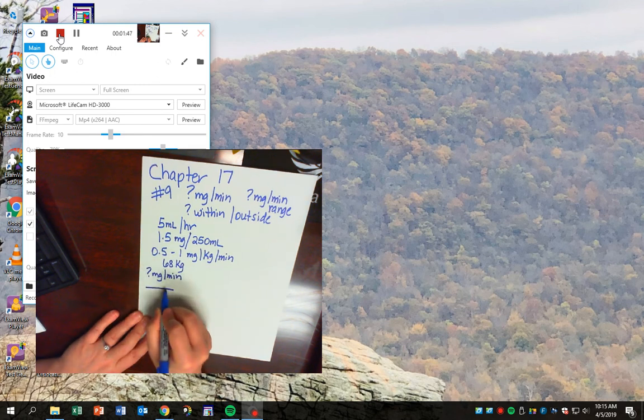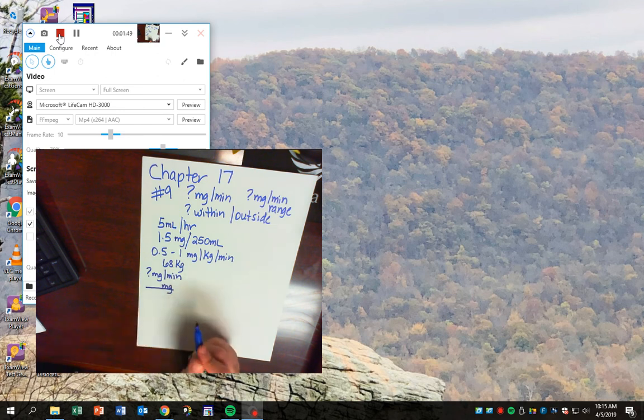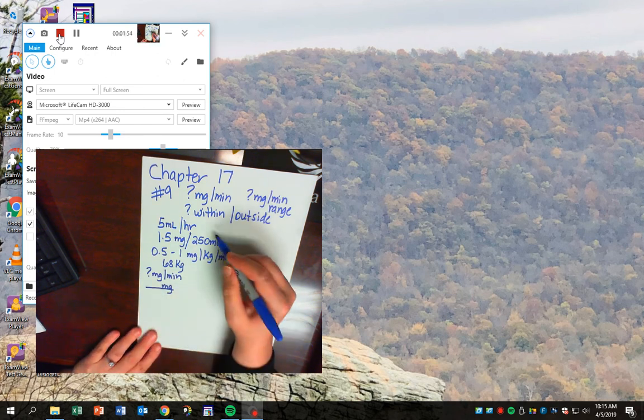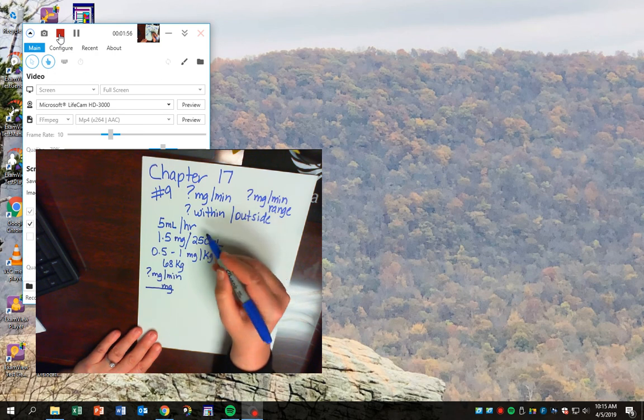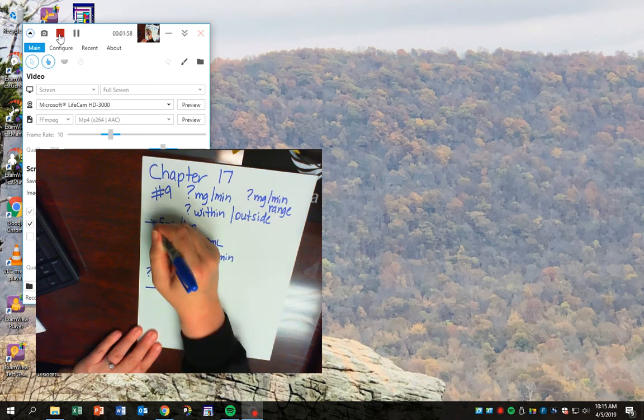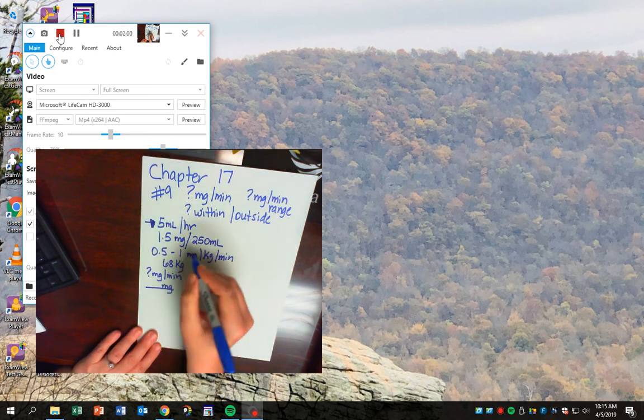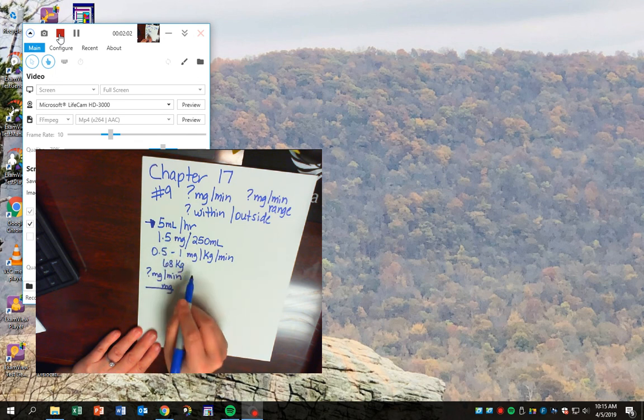So I'm going to start with milligrams on top. The part we need to figure out here is how many milligrams per minute this particular dosage is infusing. We do not use this line for that one because this is the safe range that we would have.